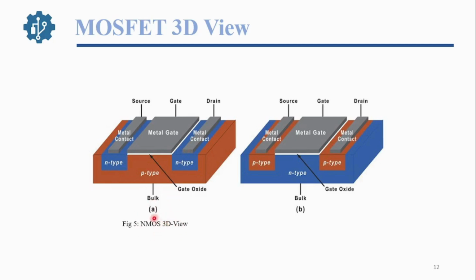The naming of this device depends on the channel. In the P-type substrate MOSFET, the channel created is the N-type channel. In case of the N-type substrate, the channel created is P-type, and the whole device name is PMOS.